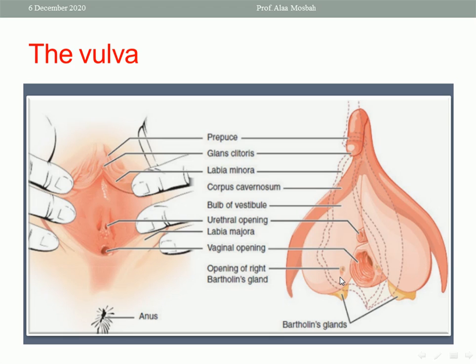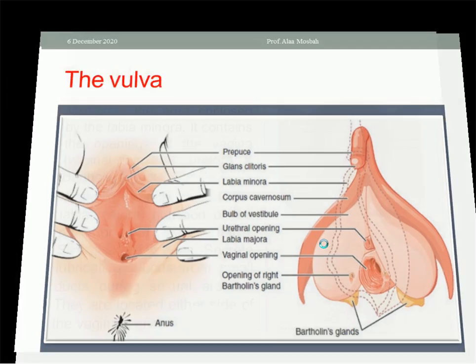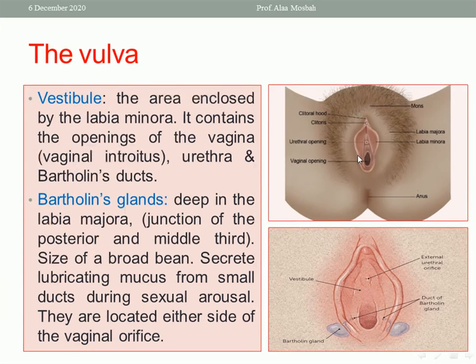Let us continue. This is the vestibule, as you see in the picture. It contains four openings: the external urethral meatus, the vaginal opening, and two openings of the Bartholin's ducts. The Bartholin's glands are deeply embedded inside the labia majora, and their ducts open here in the vestibule.